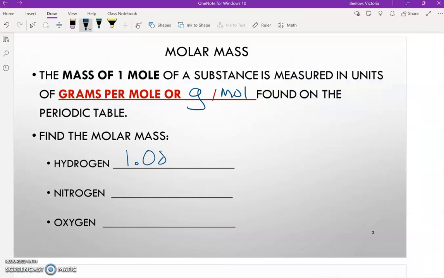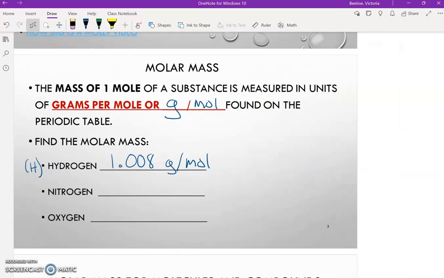If we're just talking about hydrogen, we could say 1.008 grams per mole. Or you could also write it as 1.008 grams equals 1 mole.